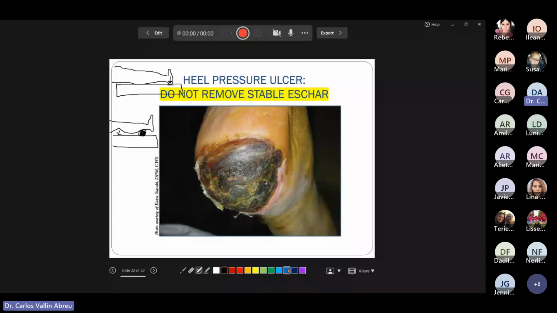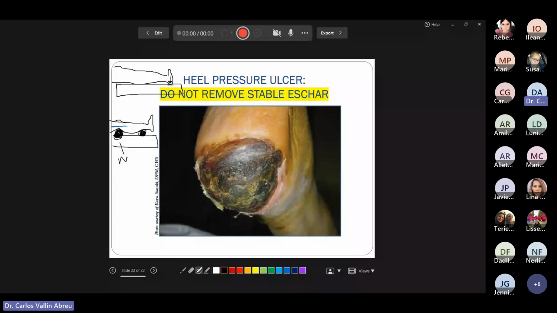Remember that pressure under the knee produces DVT. The deep vein that produces the deep vein thrombosis is very superficial in the popliteal area, which is behind the knee. So we never place pressure here because it promotes DVT.